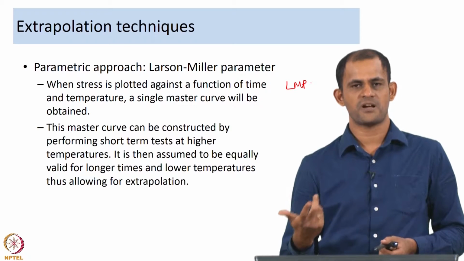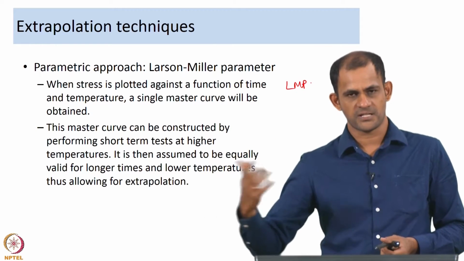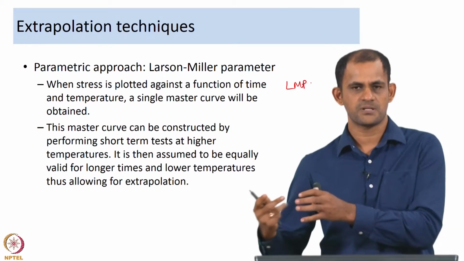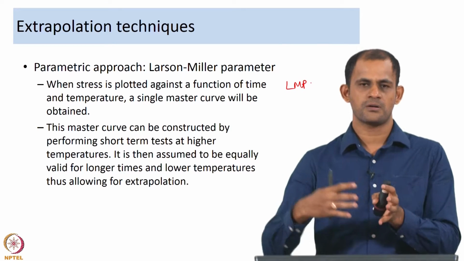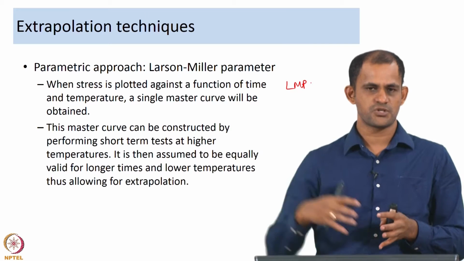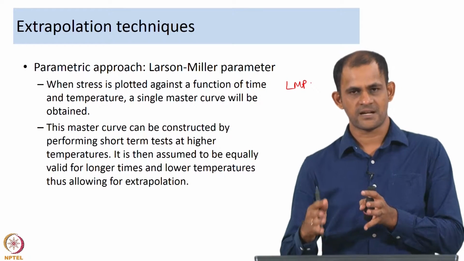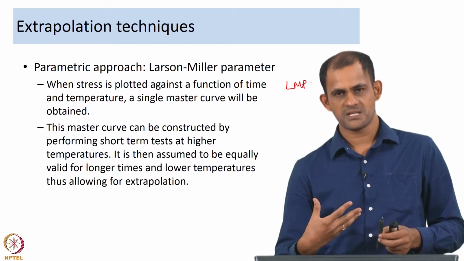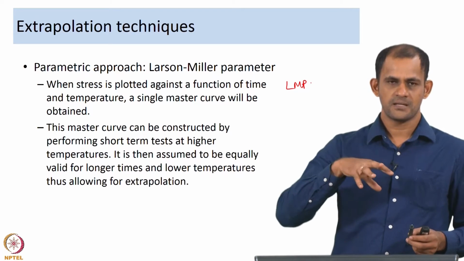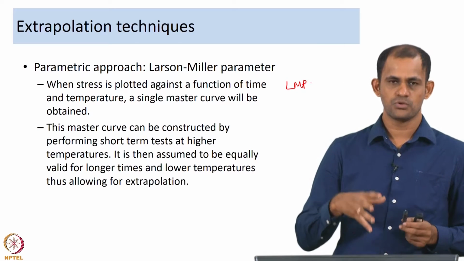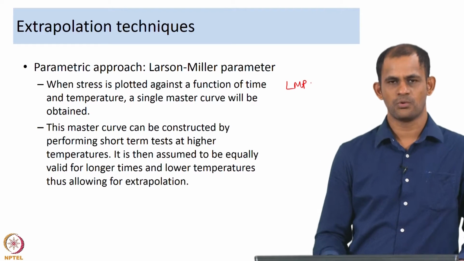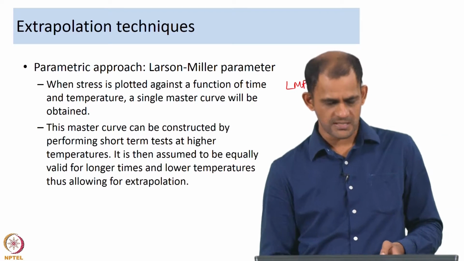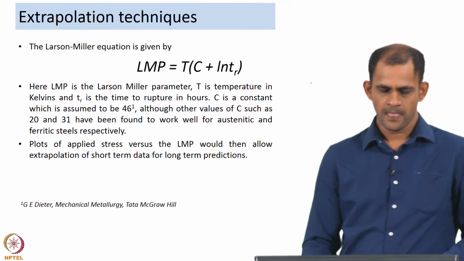If it is going to creep faster, that means it is also going to fail faster. So, tests at high temperatures will give you quickly data about the rupture life or the time to a certain strain. So, you will get the data in quick time. Now, you can use this data and then assume that the same data can be used to extrapolate the performance for longer times at lower temperatures. So, that is the approach of the Larsen-Miller parameter.